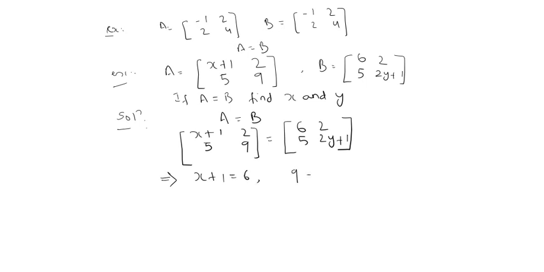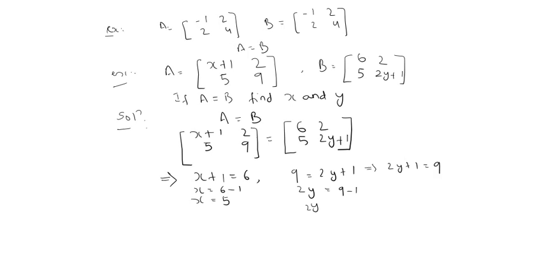So from this we can write x equal to 6 minus 1, x equal to 5. Next, 2y plus 1 equal to 9, so 2y equal to 9 minus 1, 2y equal to 8.